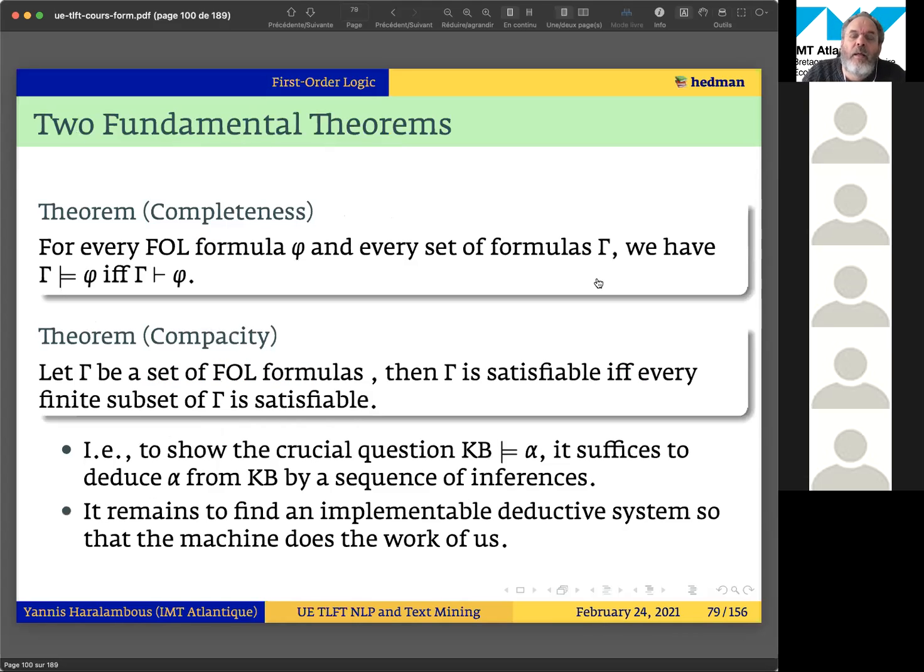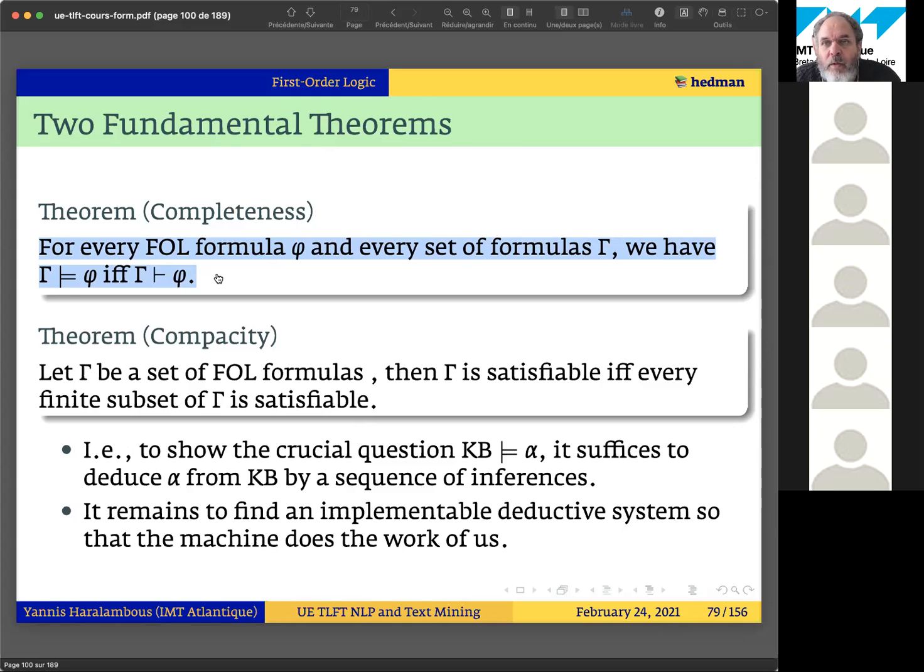But you have this theorem that says that when we take first order logic, then consequence and deduction by inferences are equivalent. In other words, whenever I can prove that I have a formula out of the formulas of the knowledge base, then it's a consequence of the knowledge base.